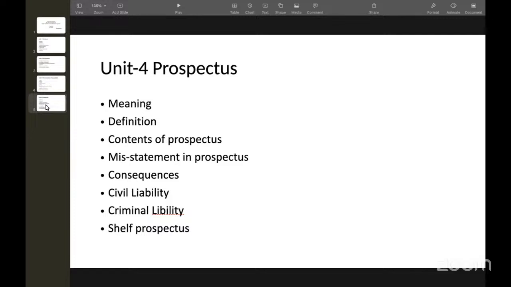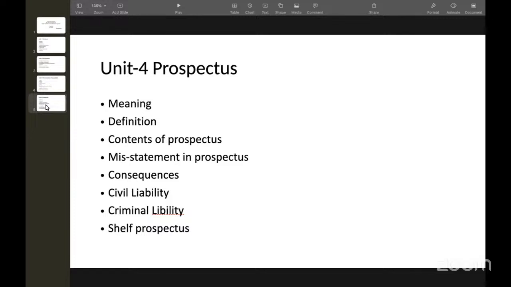Then we discussed about the misstatements in a prospectus. There are two types of misstatements in a prospectus. The first one is untrue statements, and second is omission of material facts. Next is we discussed about the consequences of misstatements.